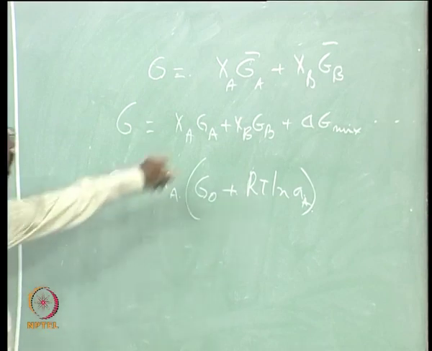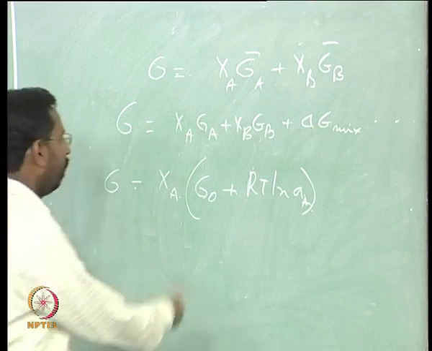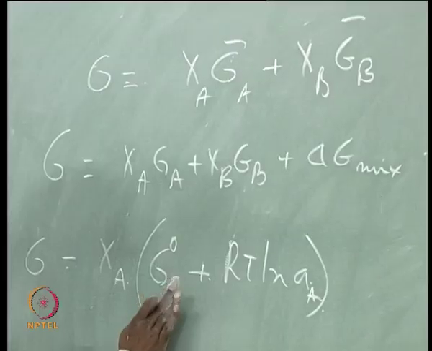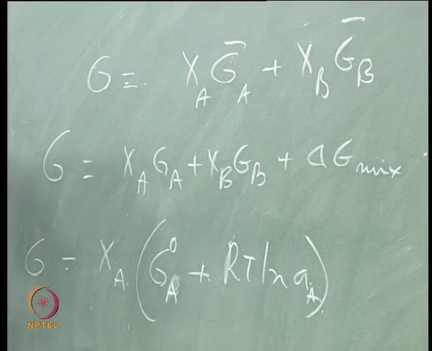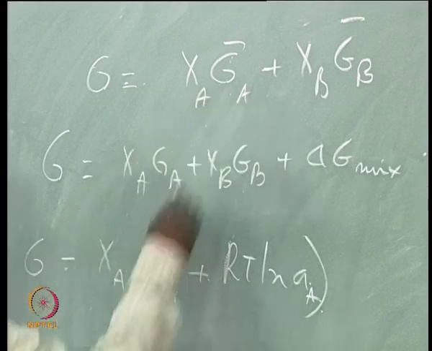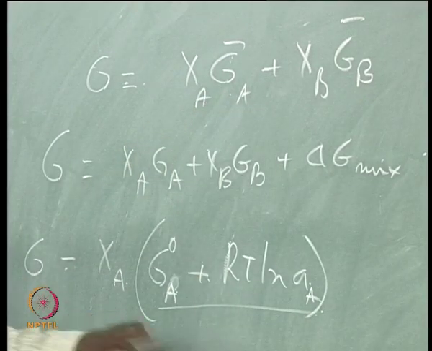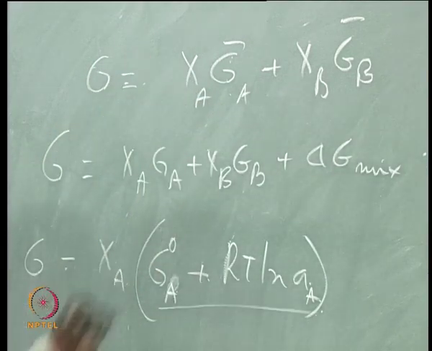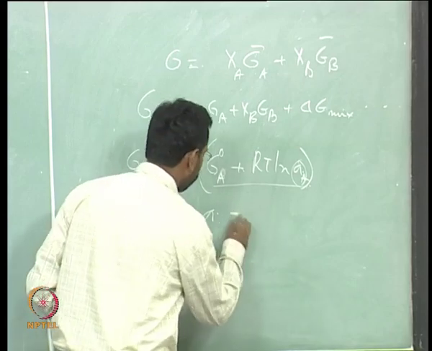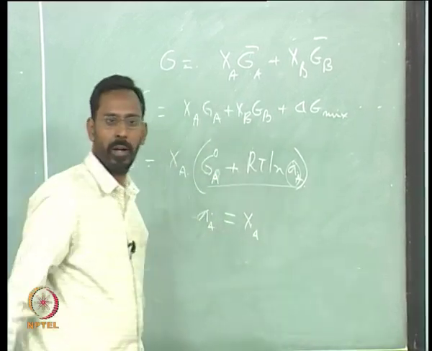Any chemical potential can always be expressed like this, where G naught is the standard state, usually written as G naught of A. In fact from here you can get the whole expression. When you talk of A, if it is an ideal solution, a of A is equal to XA, am I right?